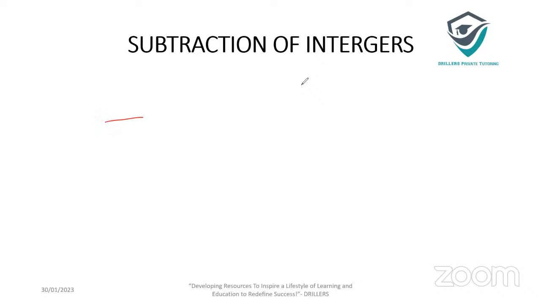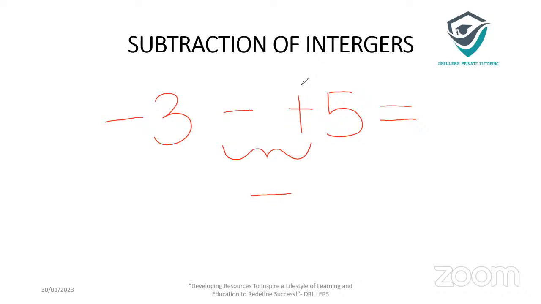Let's look at another. So we have -3, take away +5. So remember, different signs can be replaced with negative or just take away or subtract. So here I'm going to have -3 take away 5.